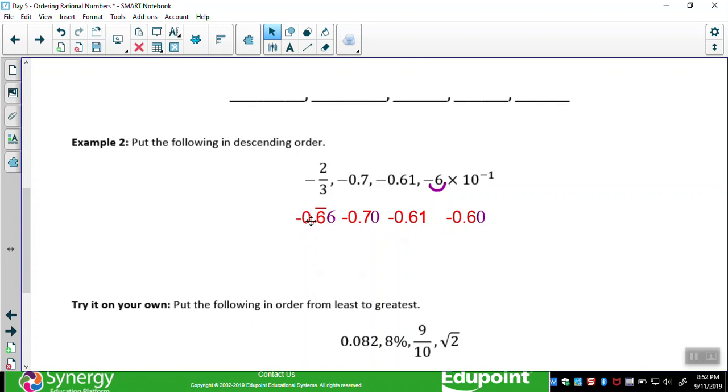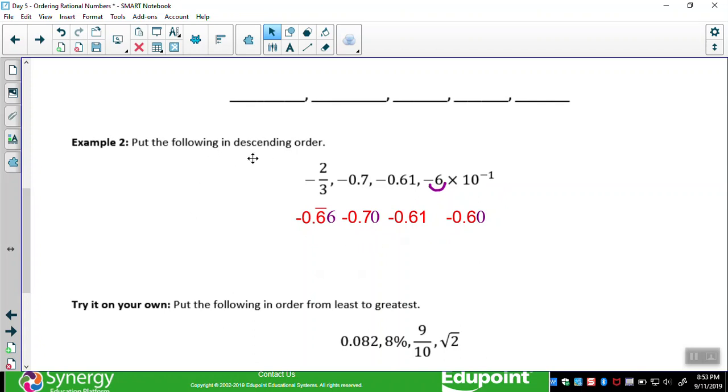We could kind of hide the 0 in the decimal point, and I'm comparing negative 66 to negative 70 to negative 61 and negative 60. So remember, these are all negative. They work the opposite. So my smallest one in this case is going to actually kind of look like the biggest. Okay? And then my biggest is going to look like my smallest.